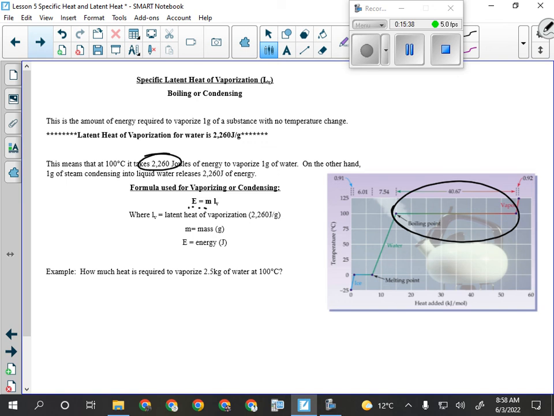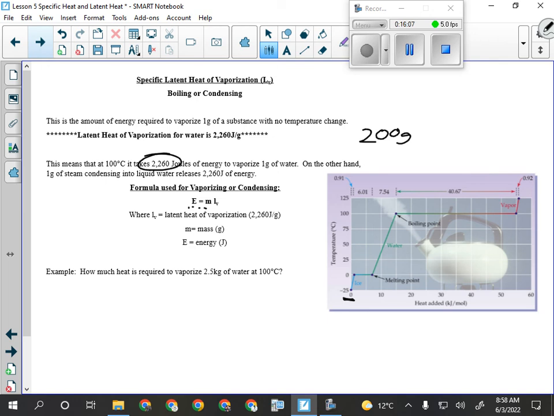So, does that mean I could ask you to calculate how much energy would be required to take ice at minus 25, and let's say it's 200 grams. Say I have 200 grams of ice at minus 25, and I want to turn it into water vapor at 125. Could you calculate how much energy that would require? You absolutely could.